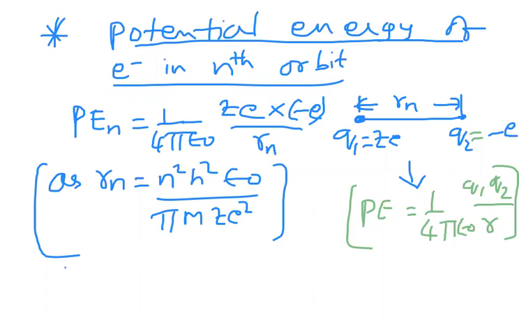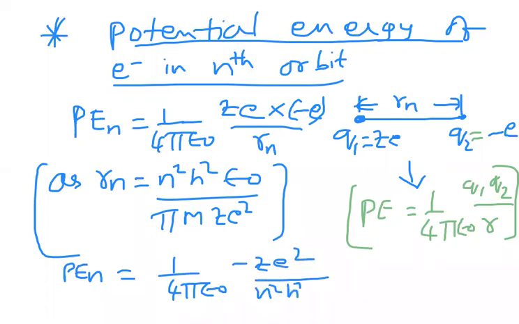Let us observe carefully. Potential energy of electron in nth orbit is 1 by 4 pi epsilon naught, minus ZE square by n square h square epsilon naught. These terms will come to the numerator, so we can write pi m into ZE square.